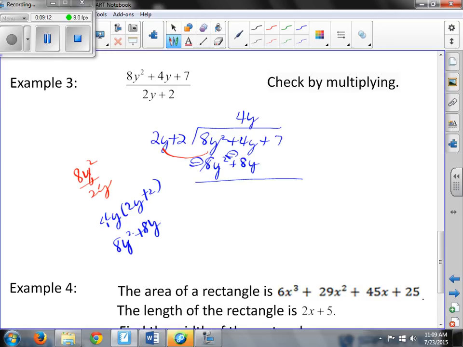The 8y squares drop out. 4y minus 8y would give me negative 4y plus 7. Then I have 2y times what gives me negative 4y, or I have negative 4y divided by 2y, which gives me negative 2.